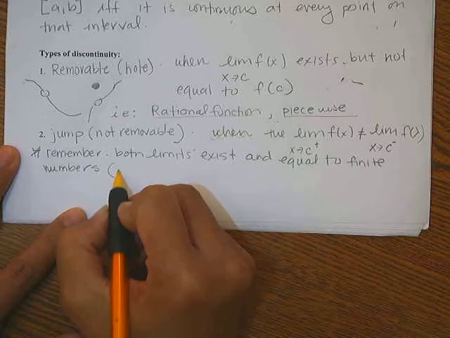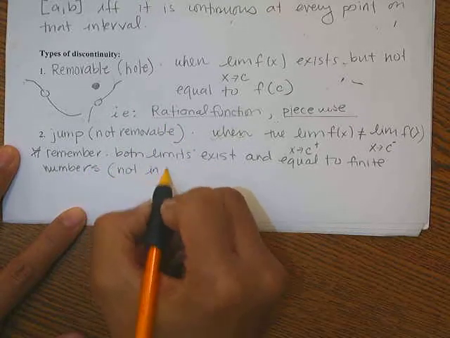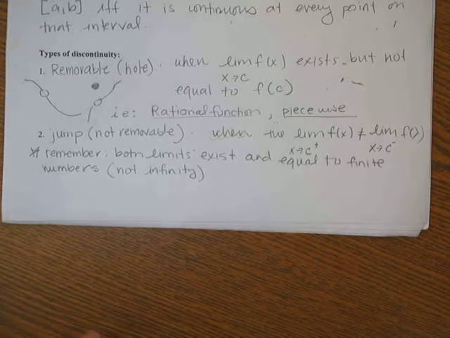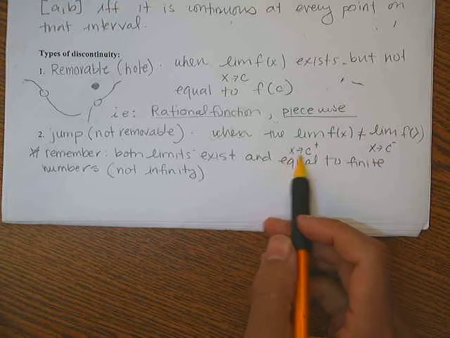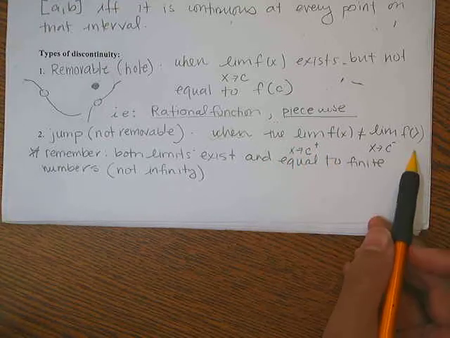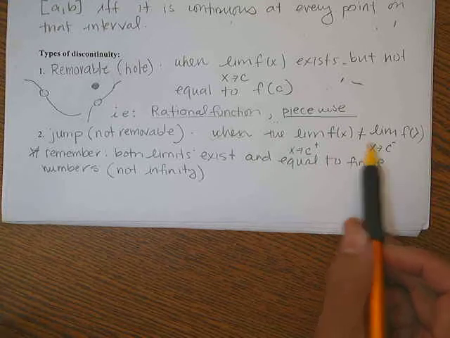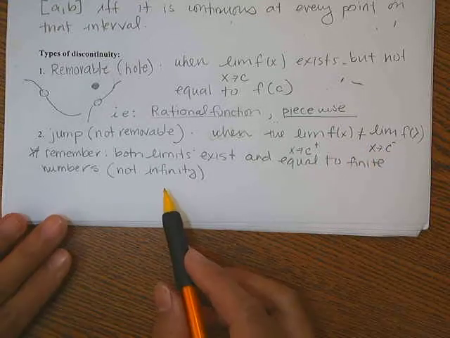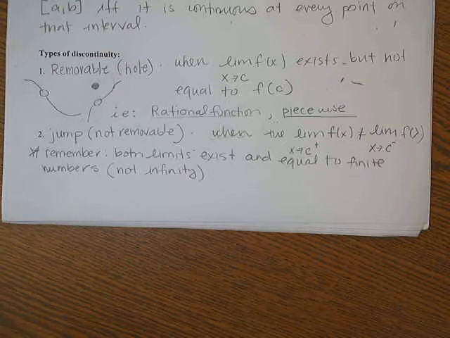Finite number means not infinity. For example, the limit as x approaches c from the right is, let's just say, 10, and the limit as x approaches c from the left, let's just say, 20. So 10 and 20 are finite numbers. They exist, except that they're not the same as each other.